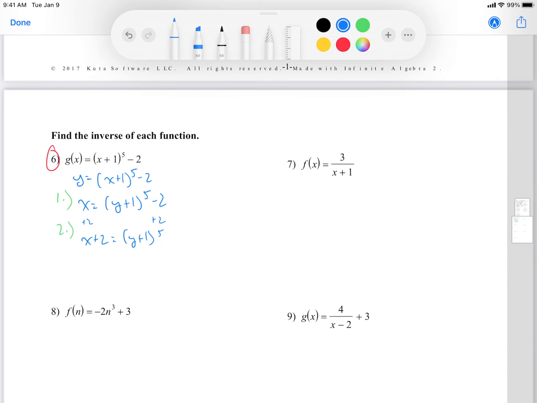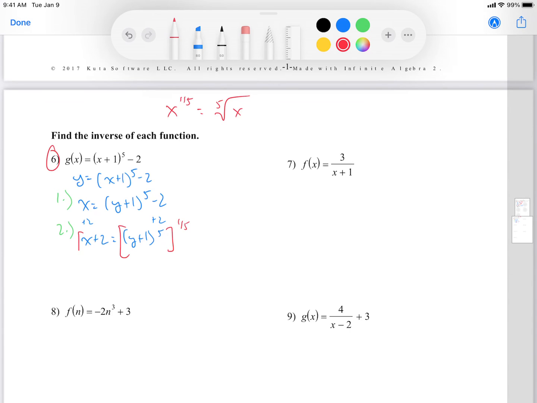Now in order to get rid of that 5th power, a couple ways that I can think about this is I can take this whole thing to the 1/5 power. The reason that I'm doing this to the 1/5 power is because I want you to remember that if I have x to the 1/5, this is the same thing as the 5th root of x. But I don't want to use my radicals here because why? I want you to get used to using fractional exponents.